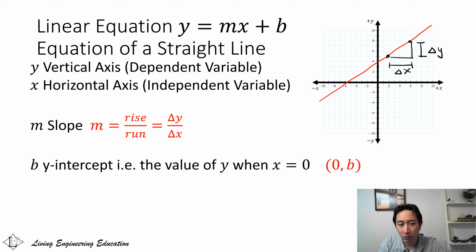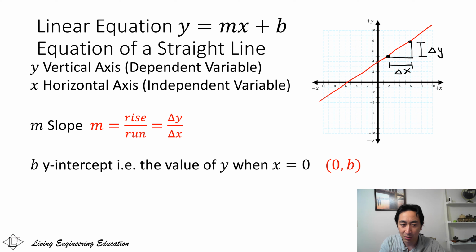Now you have to be careful what the sign is, meaning is it positive or negative change. So from this point to this point, there's a positive change in y. From this point to this point, there's a positive change in x. If there's a negative change in either direction, you need to account for it, or else your slope will not properly define what's showing up here, right? So here we have a positive slope.